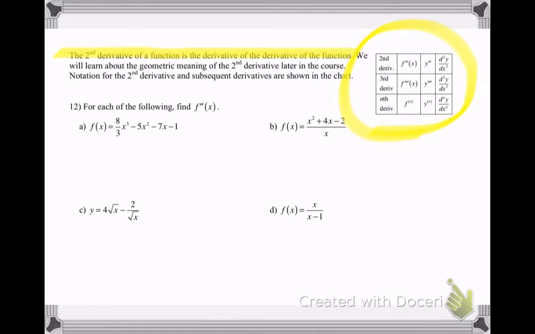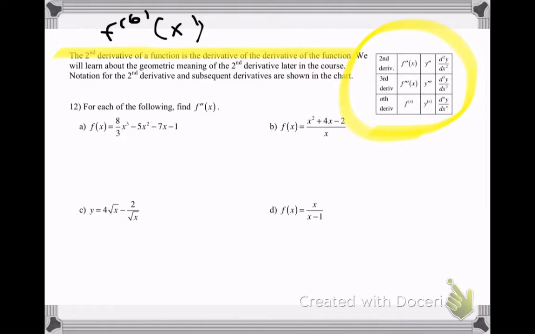So what we do for fourth derivatives and beyond is we just put a little number in parentheses above the f to show that it's not a power, it's that number's derivative. So if we wanted to take, for some reason, the sixth derivative, we would say f with a little 6 in parentheses of x. That would notate to a reader that's the sixth derivative of f of x.